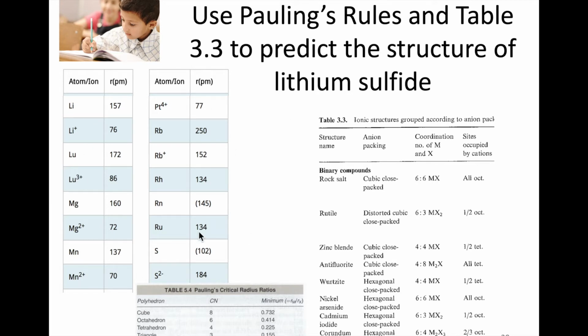You've got the ion sizes, you've got the radius ratio table, and then you've got the table from the book. So see if you can use those Pauling's rules for lithium sulfide and predict what the structure will be, given that it's an ionic material. So do that, and then we'll come back and take a look at that.